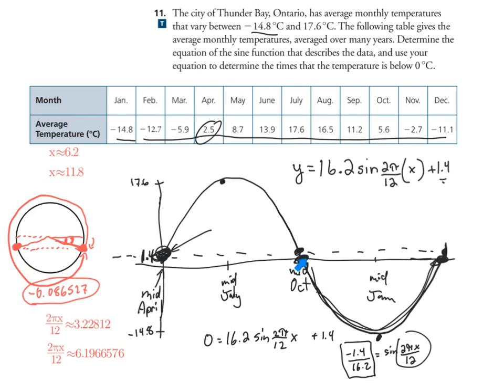So from late October, and this 11.8, so mid-April, this would be mid-April again the next year, and we're going to be about 0.2 short, so we're going to be early April. So from late October to early April, we should expect to have freezing weather below 0 degrees Celsius.